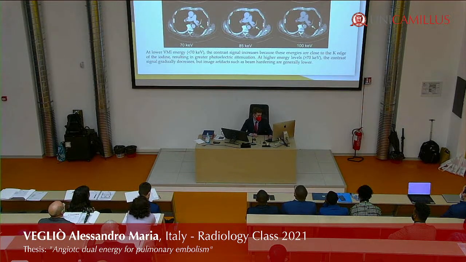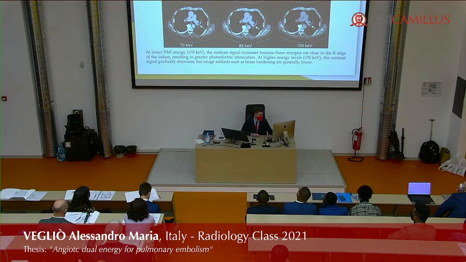Here we have a variety of images, from the normal image in the upper left part of the picture, and so on, at various levels of kilo electron volt. This different attenuation at different energy levels can distinguish different tissues and materials beyond conventional CT, which is based solely on density.